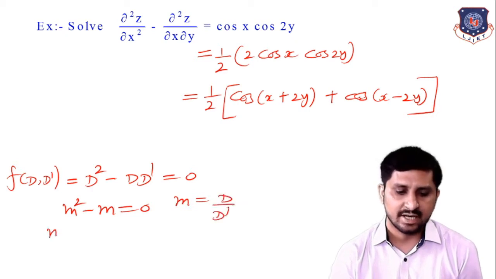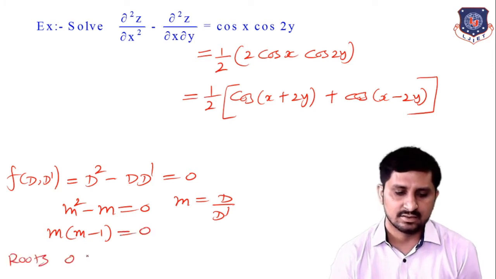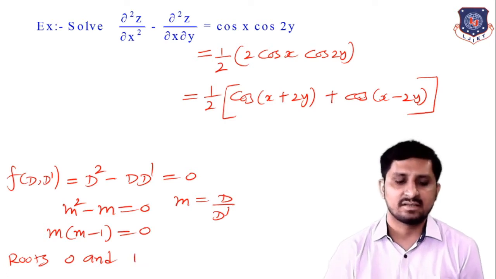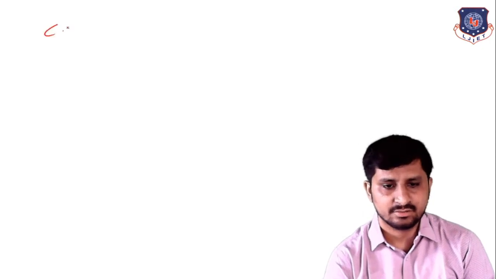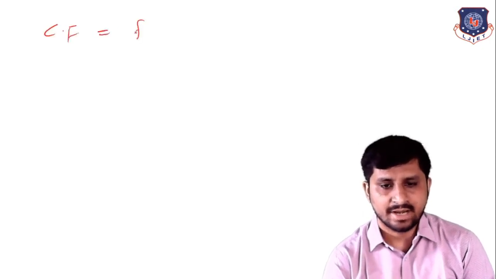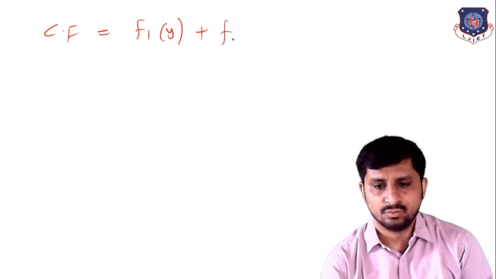So m into (m minus 1) is equal to 0. What are the roots? The roots are 0 and 1. The complementary function is f1(y) plus f2(y plus x).